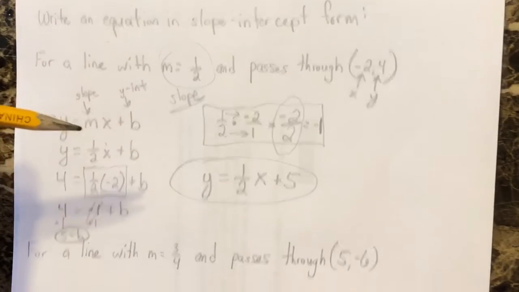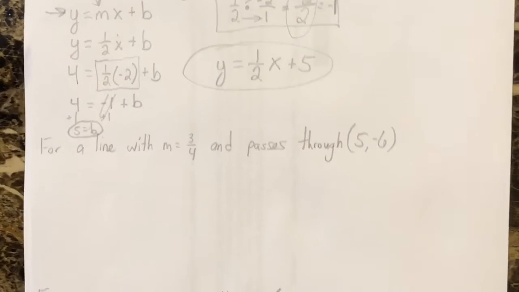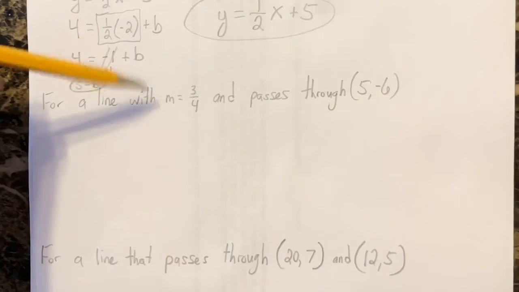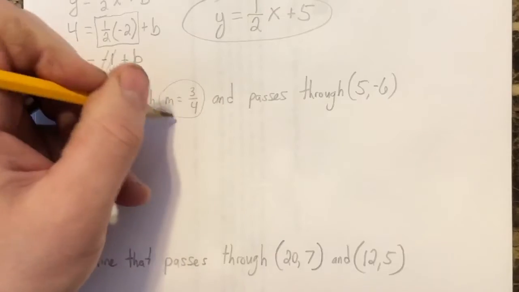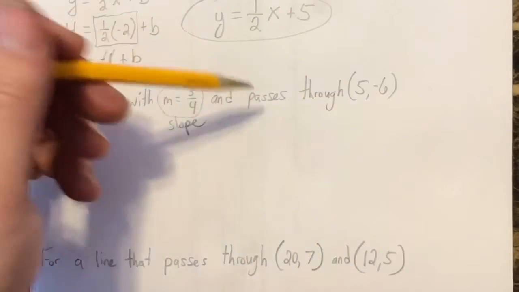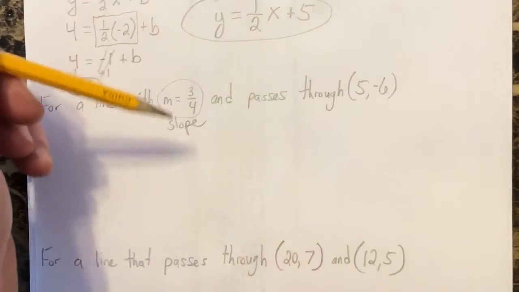So in my next example, this one wants you to write an equation for a line with a slope of 3/4 that passes through the point 5, -6. We're really going to do the same process we did in the first one.